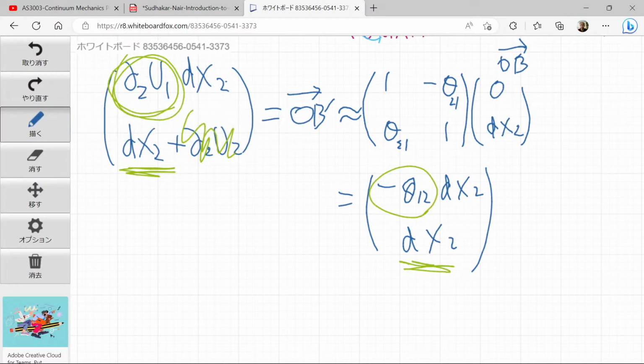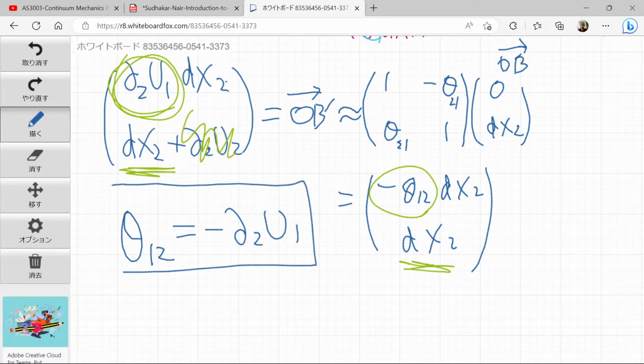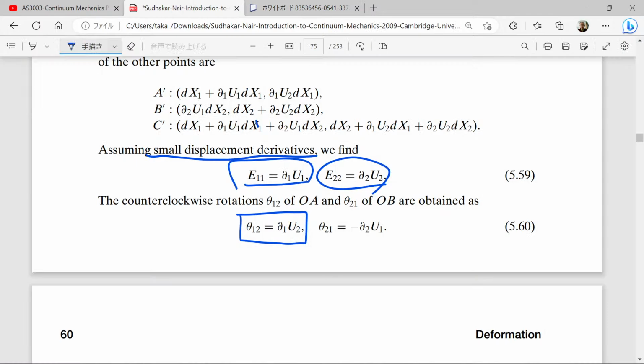So we obtain the final relation: theta 1, 2 equals minus partial 2 u1 this way. Yeah, that's this one. Okay.